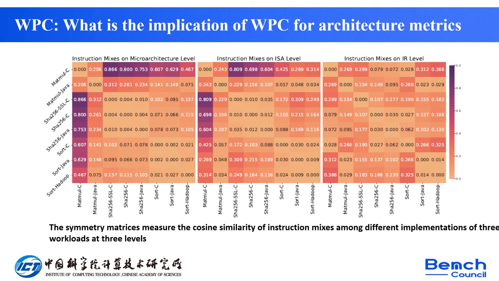However, we observe SHA-256 SSL C and SHA-256 C are not similar at the IR level, but similar at the microarchitecture level. The reason is that IR only produces an entry to a function called in the dynamic link library.